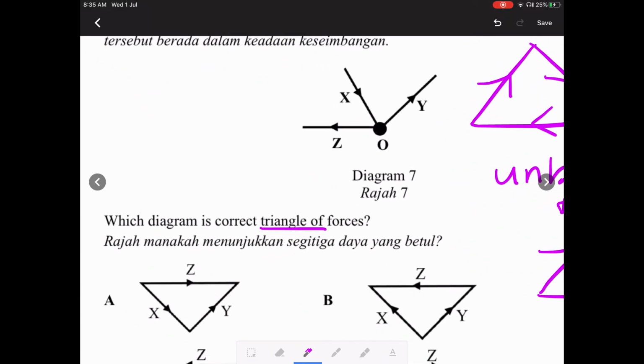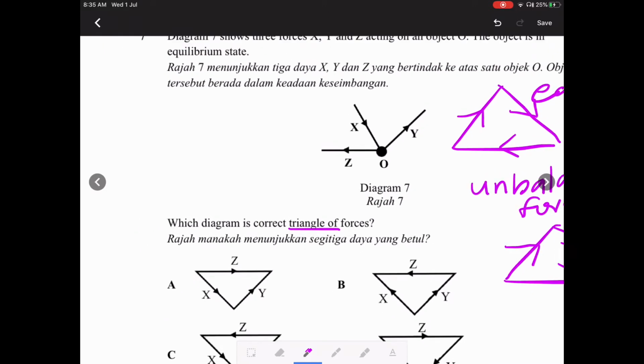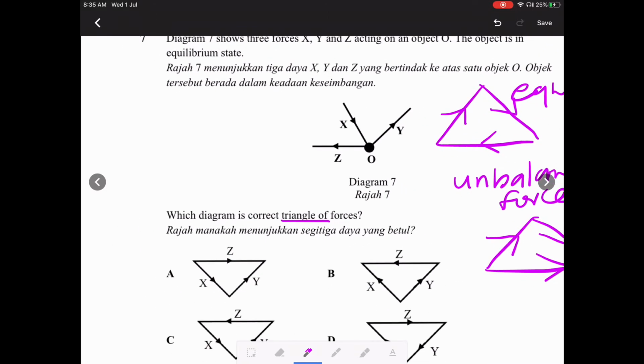Okay, now, you tengok dia akan bagi gambar rajah yang macam ni. So, you kena susun segitiga ini supaya dia jadi untuk equilibrium forces. Okay. So, kalau kita tengok pilihan jawapan dia semua garisan Z tu berada di atas. Okay, now, you tak boleh ubah direction dia. Jadi, you ambil nilai Z macam ni. Okay, this is the Z. Alright, kemudian nak sambung ke mana? Okey, supaya dia punya anak panah tu rotate. Okey, kita ambil X. X turun ke bawah macam ni, betul?